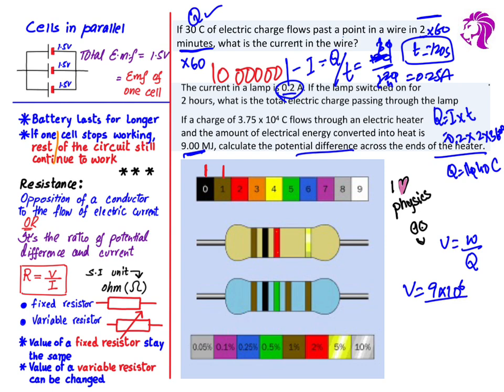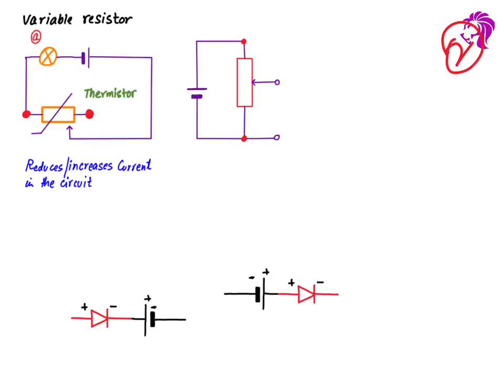What's the value of charge? It's 3.75 into 10 to the power 14 coulombs, right? So V comes up to be something around 240 volts. Yes, sir. Alright, good. Got it? Any problem, any confusion? No, sir. Good. Alright, so we'll move on.